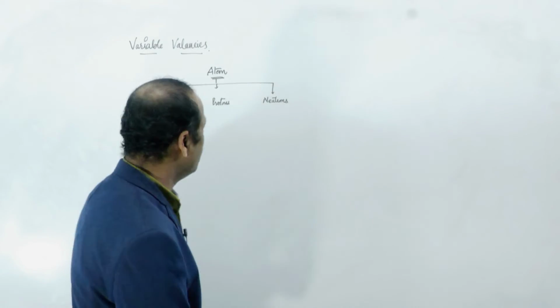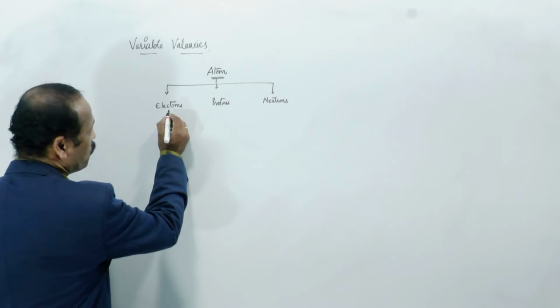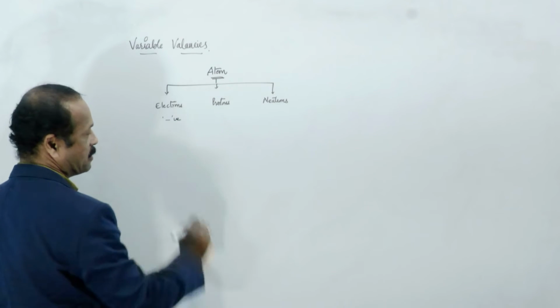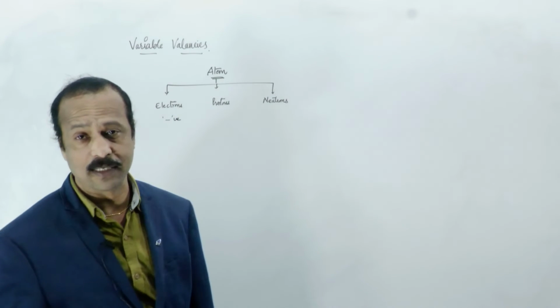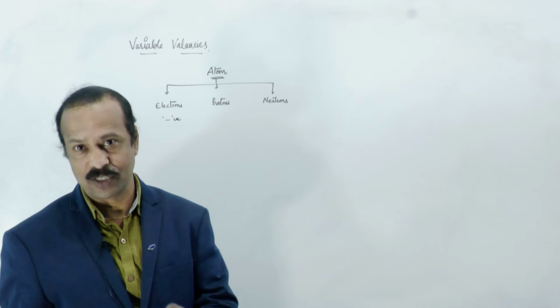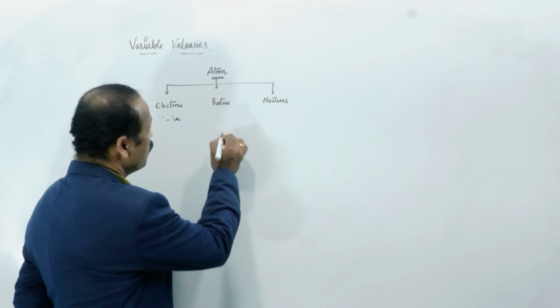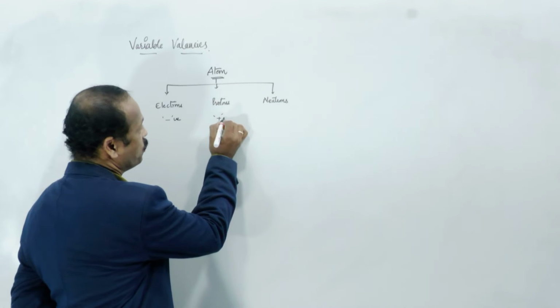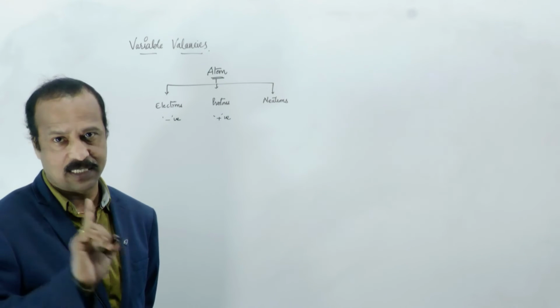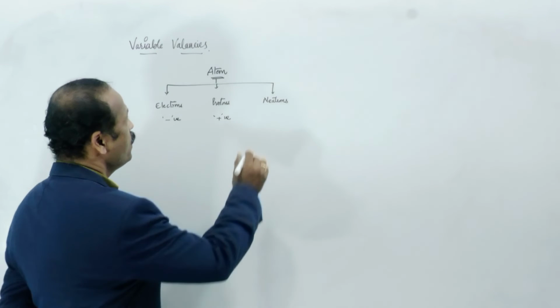In these particles, electrons possess a negative charge. Negative means minus. Protons carry a positive charge. Positive means plus.